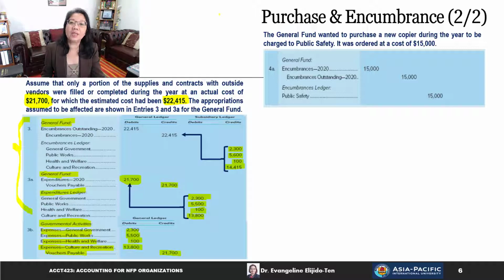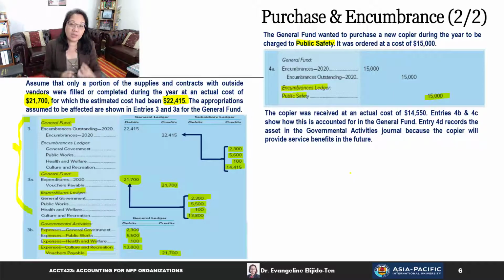So we'll debit encumbrances 2020 for 15,000 and credit encumbrances outstanding for 15,000. And because it has to do with public safety, we will be putting this in the encumbrances ledger, in the subsidiary ledger, a debit of 15,000 as well.